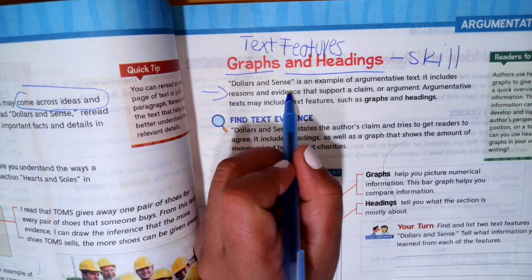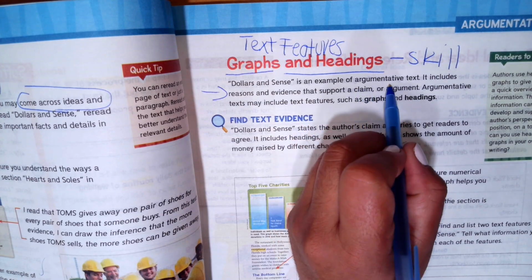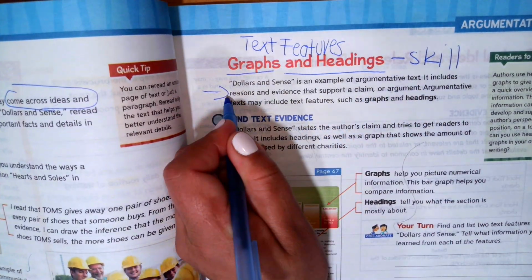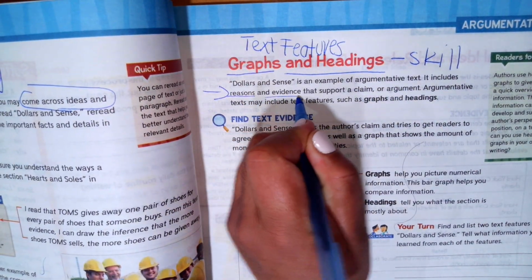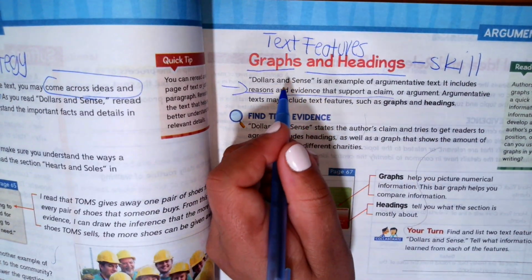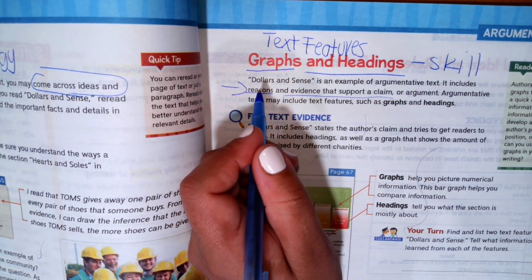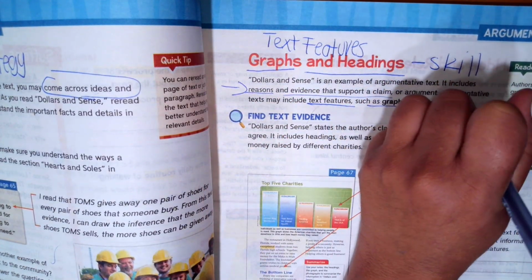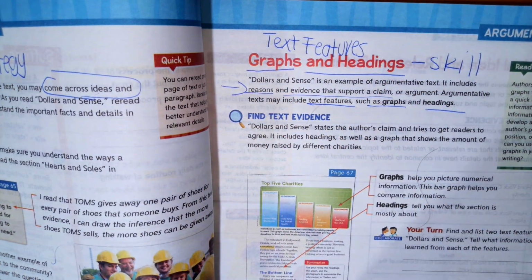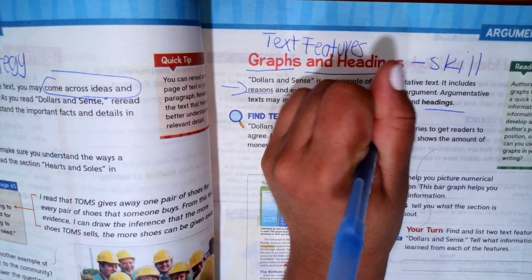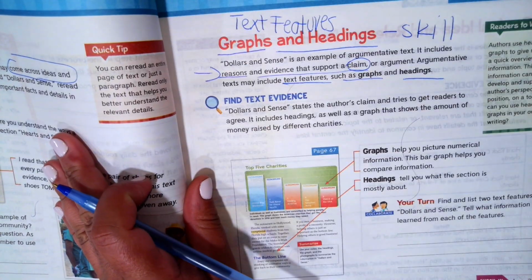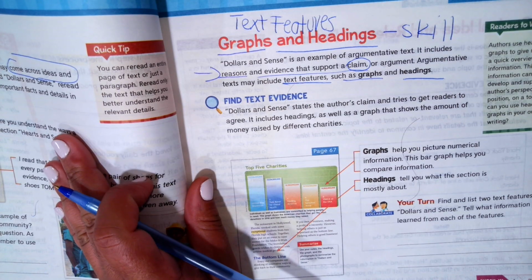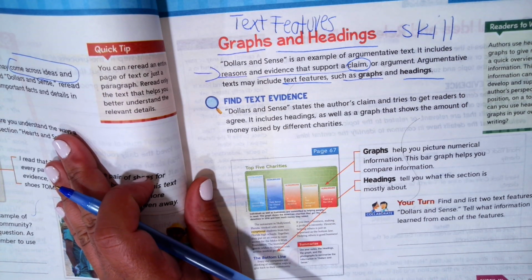Dollars and Cents is an example of argumentative text. It includes reasons and evidence that support a claim. Argumentative text may include text features such as graphs and headings. Okay, so here we go back to that word claim that we have been talking about. So a claim is the argument, the belief that a person has.